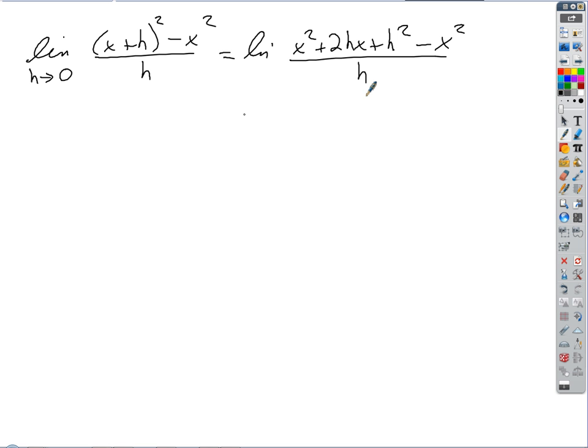Okay, so what's happening now? Cancel out the x squared, and then you can just divide by the thing. Good. I want you to kind of see this unfolding here. When you see something like this, look at the expression on top. The naked terms, that's what I call them, the ones without the h, go away.